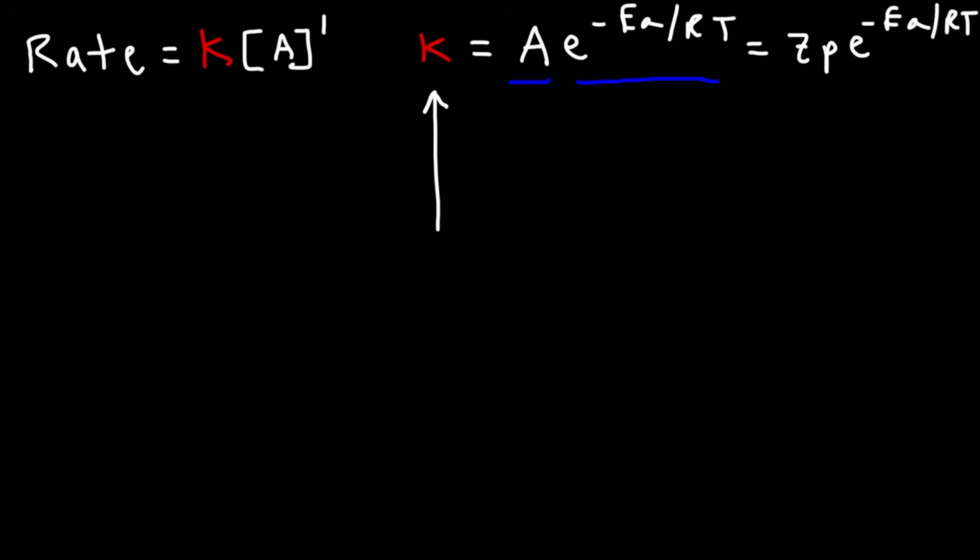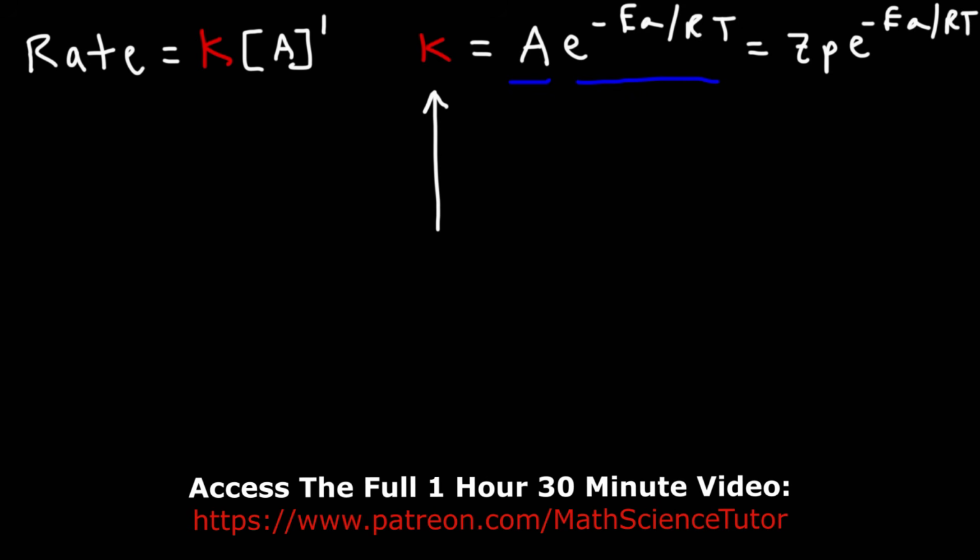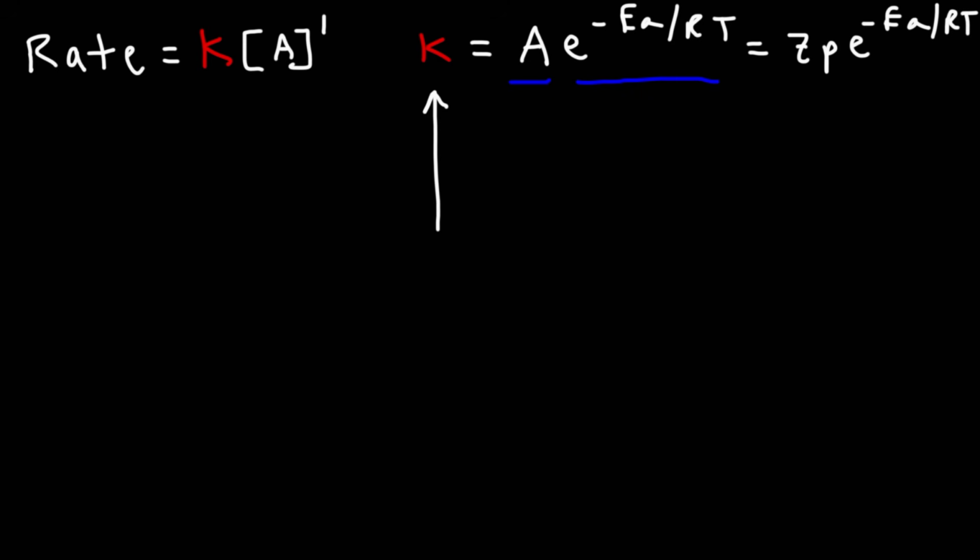So we can say that the rate constant k represents the total number of collisions per second having the proper molecular orientation as well as sufficient energy needed to overcome the activation energy barrier to get the reaction going, to convert the reactants into products. So the rate constant k takes all of those factors into account.